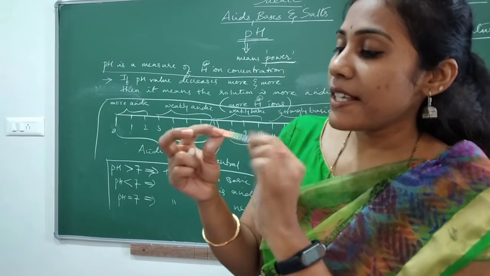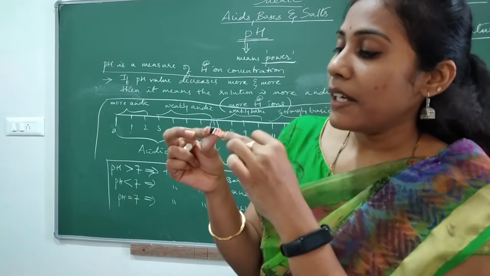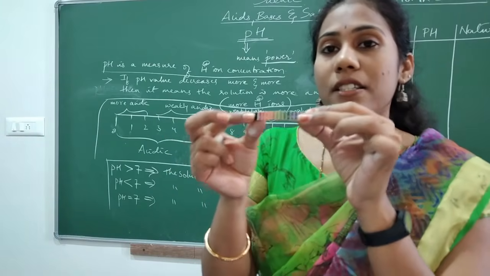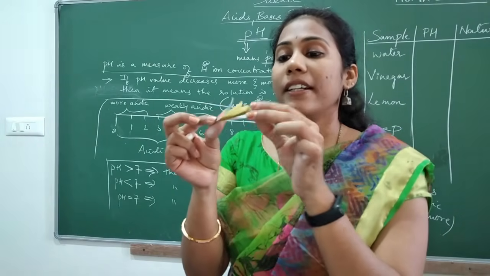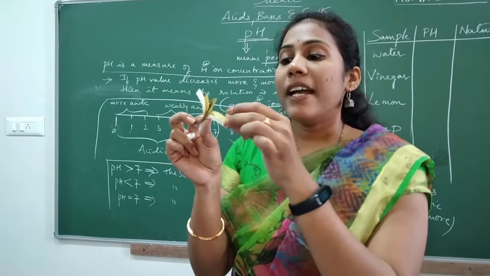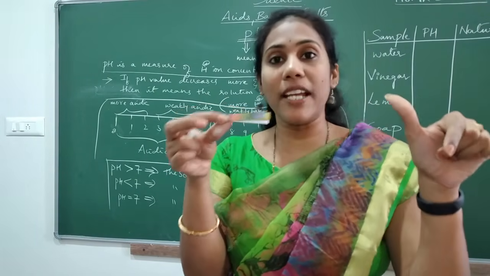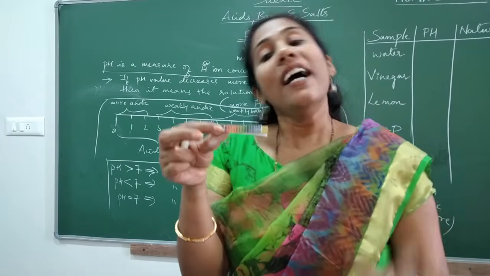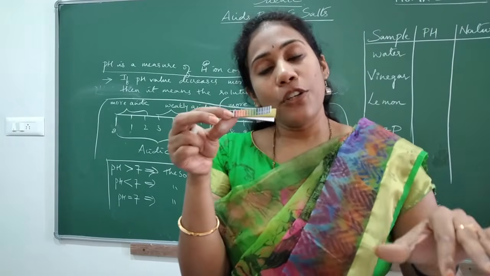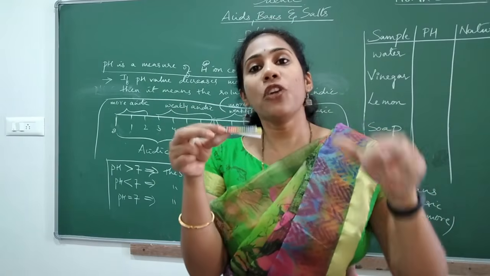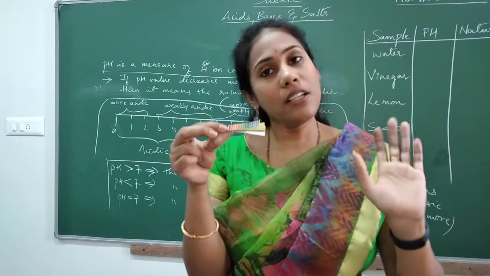Okay, so this is our reference. We have to keep this colored reference with us, and these are our pH papers. And these pH papers, we should dip in a solution and check what the pH value is, and then decide whether that solution is a weak acid or strong acid, or weak base or strong base.